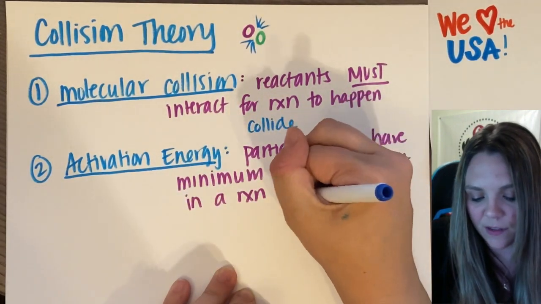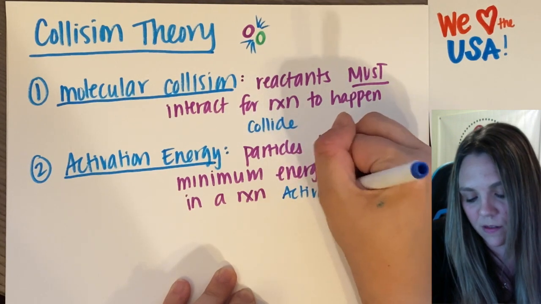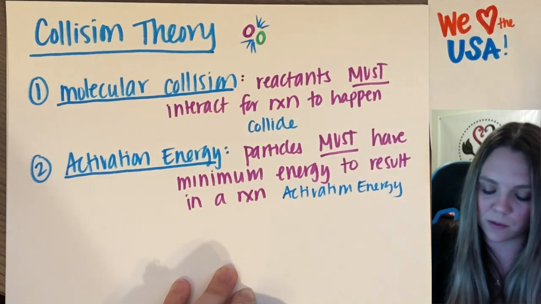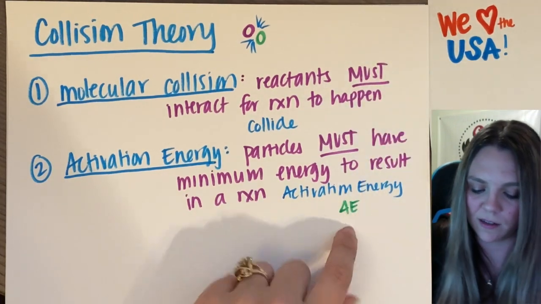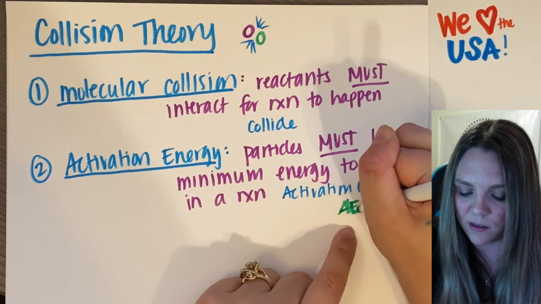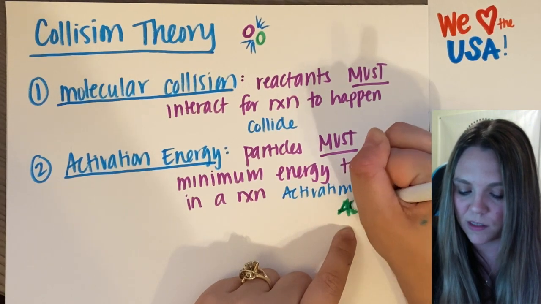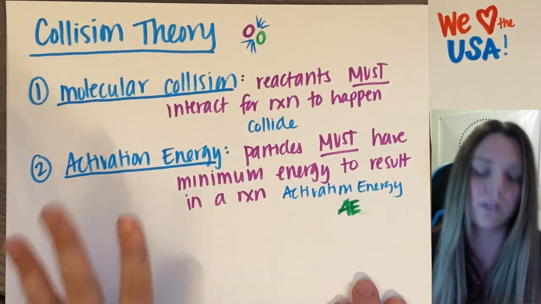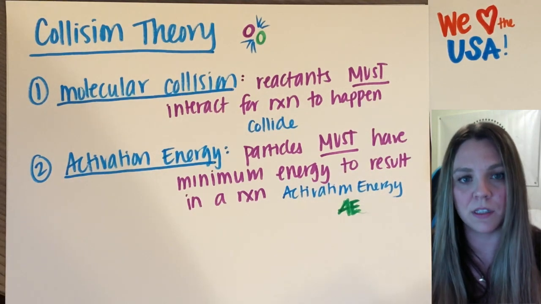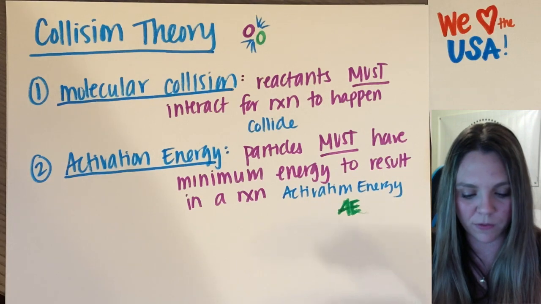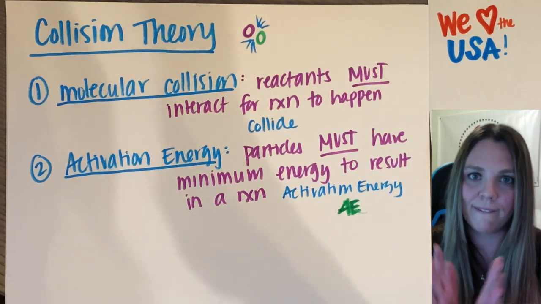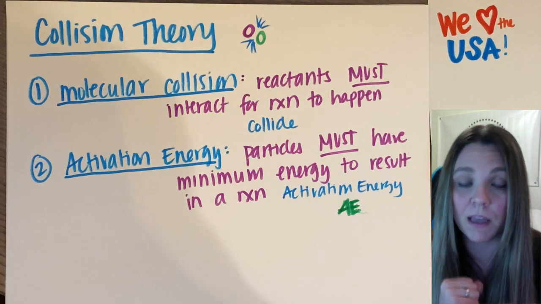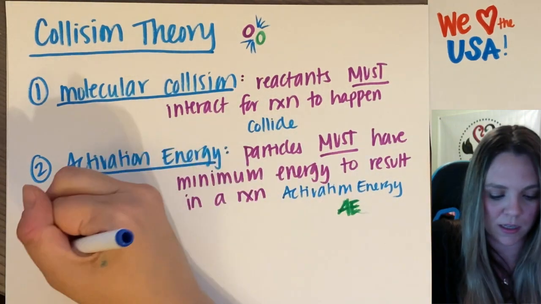That means they have to have the activation energy, which sometimes we abbreviate as AE, capital A, capital E, because we're lazy and that's too many letters. So for activation energy, you have to have enough of a force, enough energy, to actually have those two things collide and make a reaction happen.